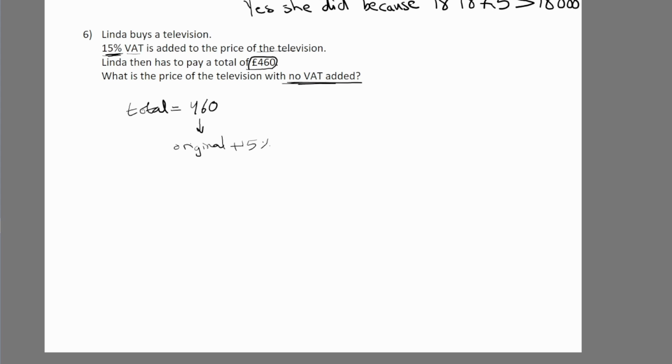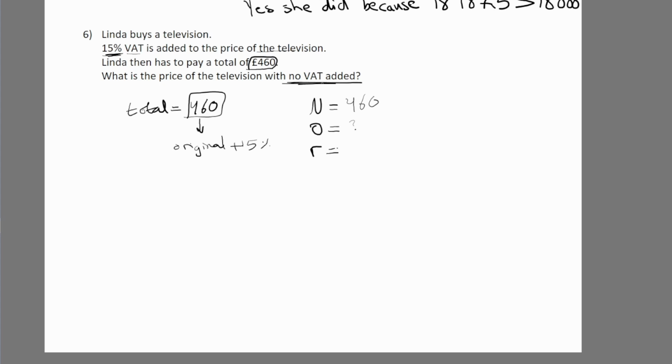So this is again a percentage increase question. So we're going to say new, old, and R. Now, our new, this 460 pounds, is the new. This was after the tax was added. The old is unknown. It's what I want to find.